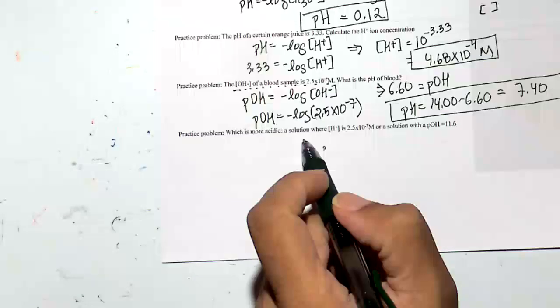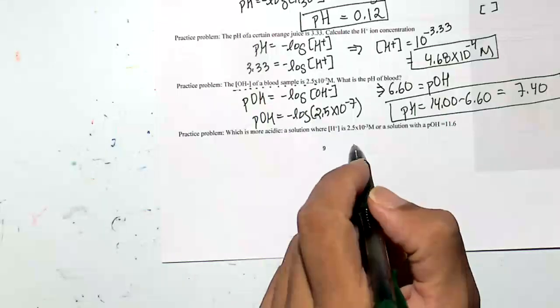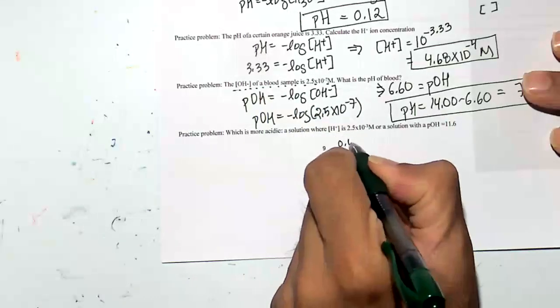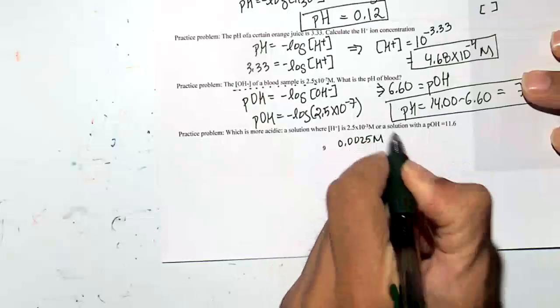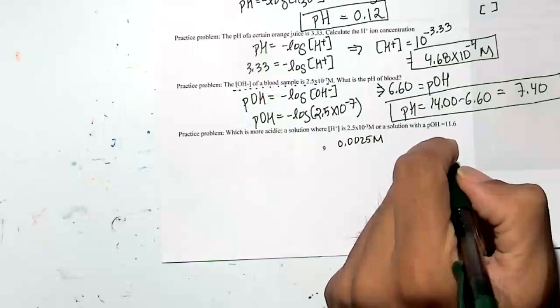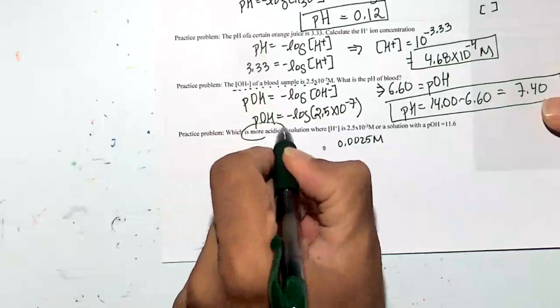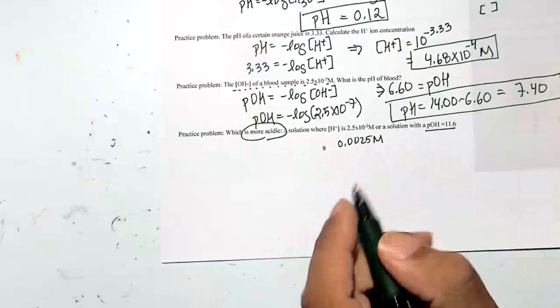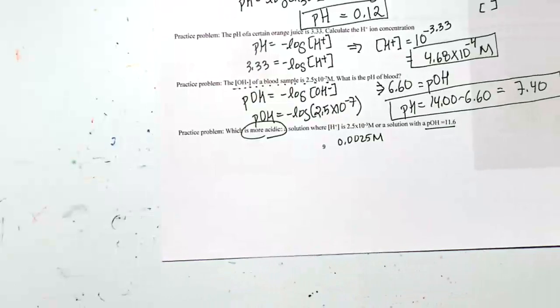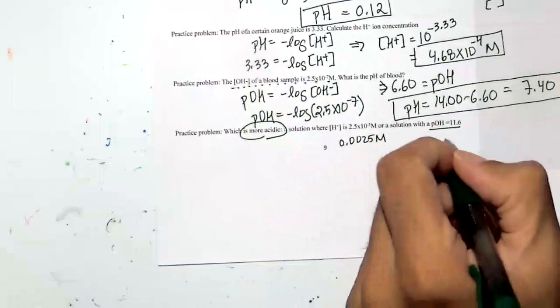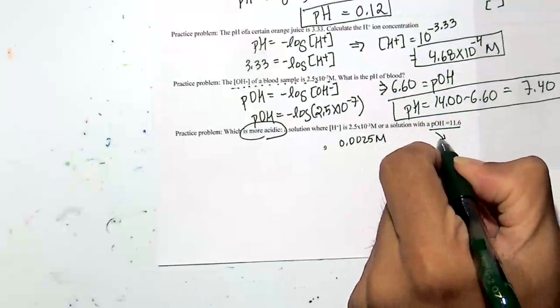All right, finally, which is more acidic? A solution whose hydrogen ion concentration is 2.5 times 10 to the minus 3, or a solution with a pOH of 11.6? All right, so what I'll do here is I need to convert this to hydrogen ion concentration.